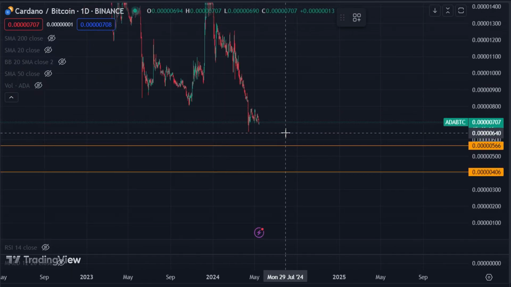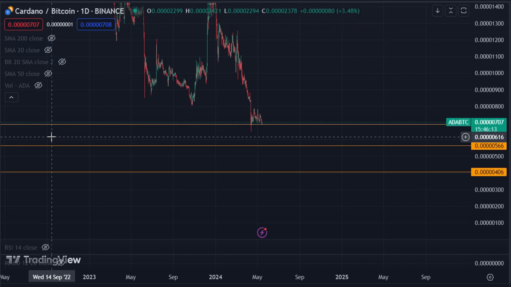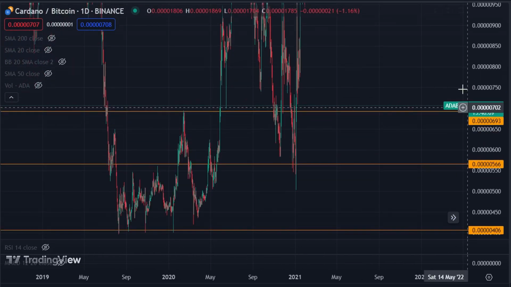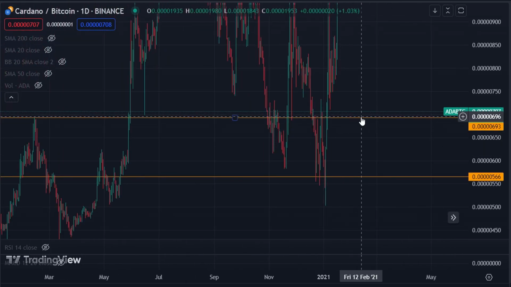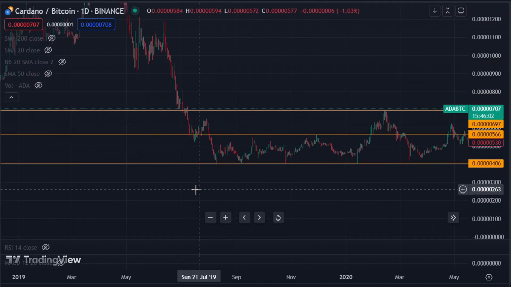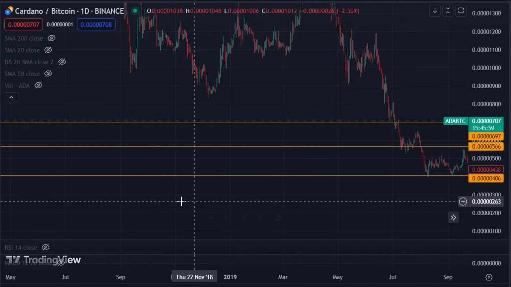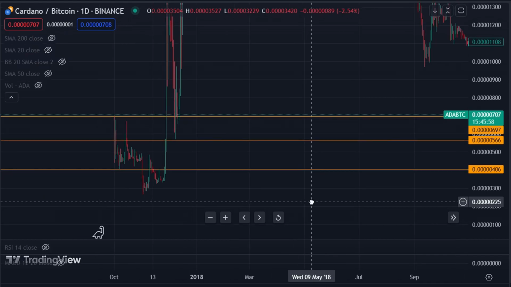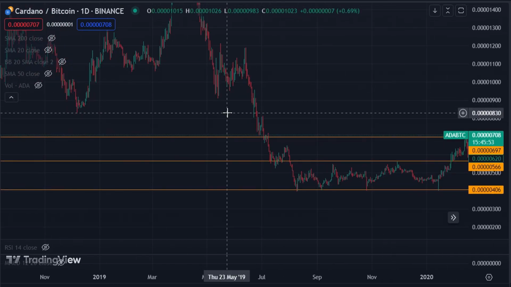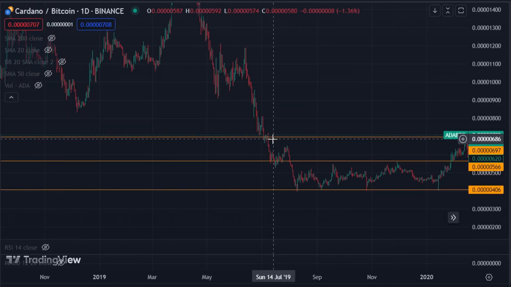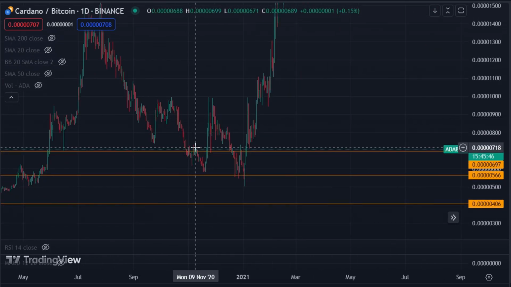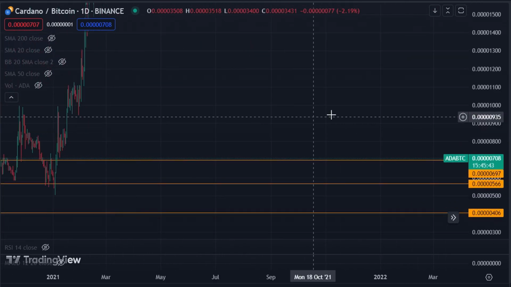Could also make one here. Resistance here, support here, a little bounce here, resistance, support, resistance.